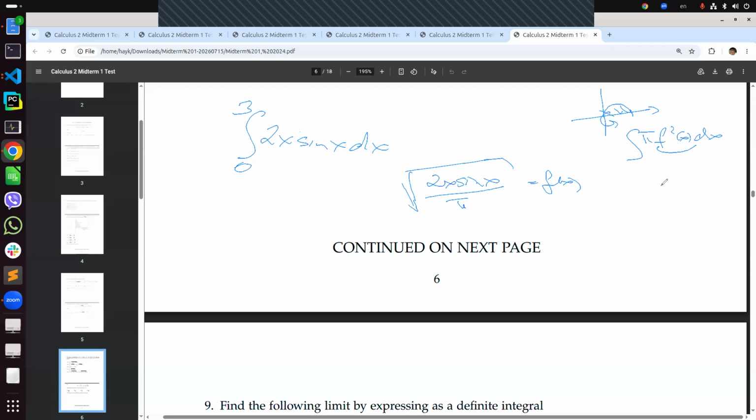Or we can think about another formula: the volume, if this region is revolved around the y-axis, is calculated by 2 pi x f of x. So we can choose f(x) in a way that 2 pi x f of x is 2x sine x. So we have 2, we have x, so our function f is sine x over pi.